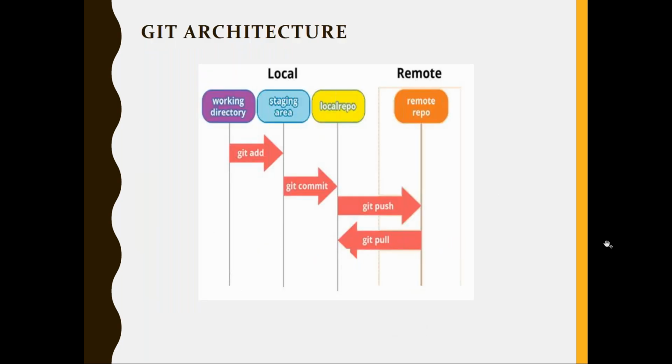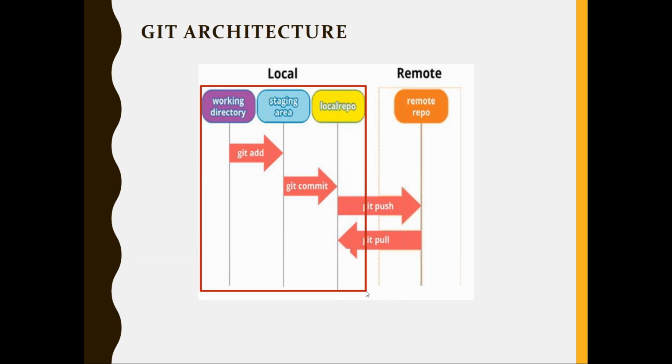Now let's get into the architecture of Git in detail. Like I said, it's a distributed architecture. So like we discussed, there is a local repository and a remote repository in Git. Local means your local computer, your local workstation. Here there is something called the local repository.